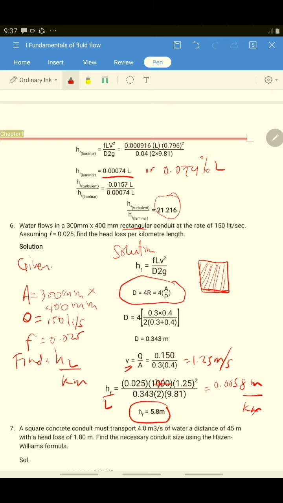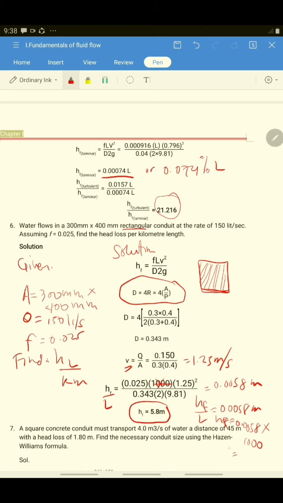But since it is said that this is the answer, the head loss over length is 0.0058 meters, or the head loss of 1 kilometer is equal to 0.0058 times 1,000, because there are 1,000 meters in 1 kilometer.